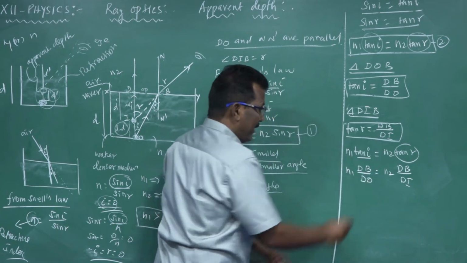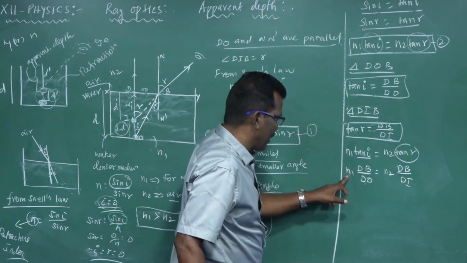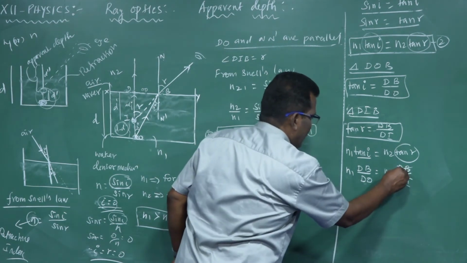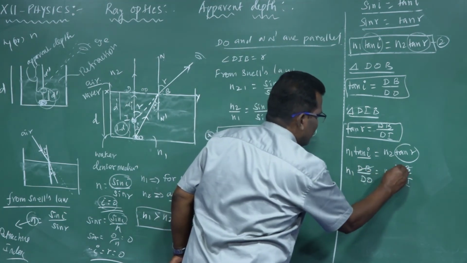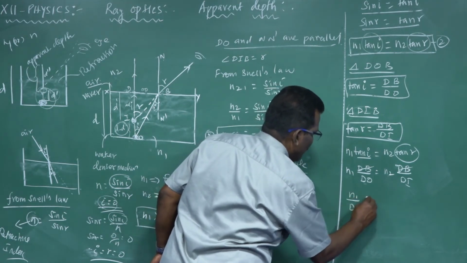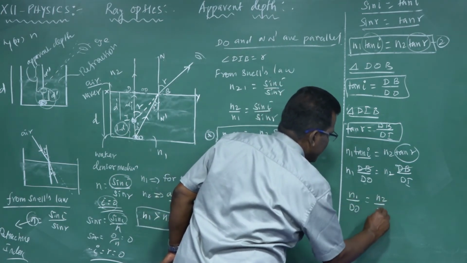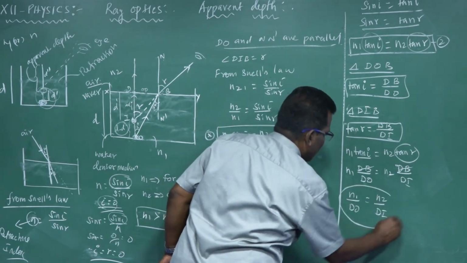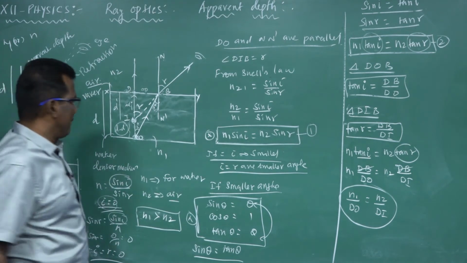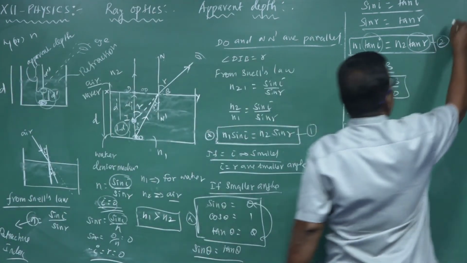Now compare: DB and DB cancel. So N1 by DO equals N2 by DI. But now once again rearrange.